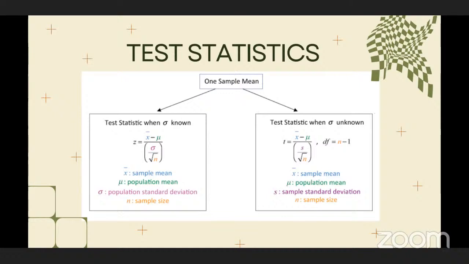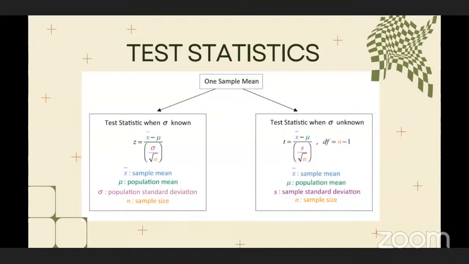And the sample test statistic is t equals X bar minus mu, divided by s over the square root of n, and the degrees of freedom is equal to n minus 1.